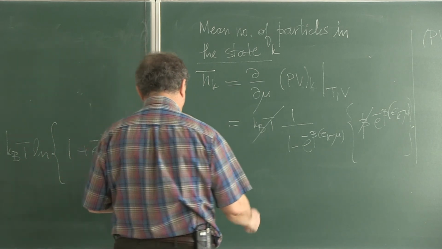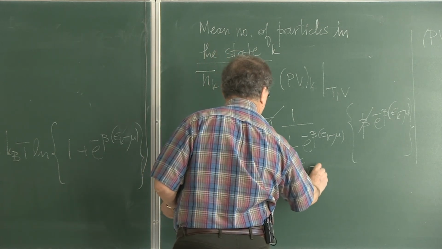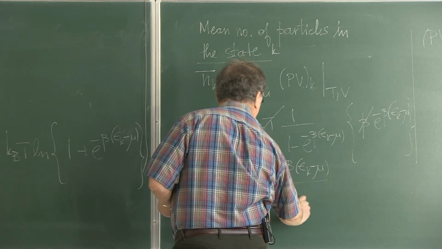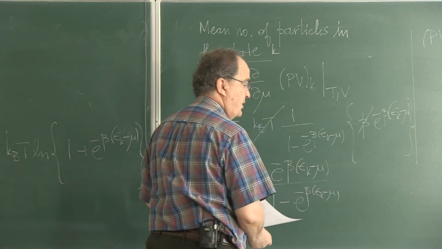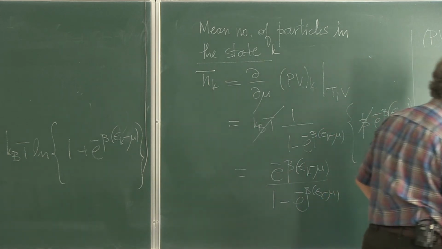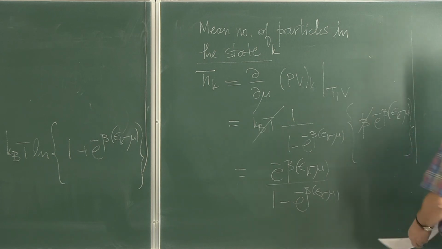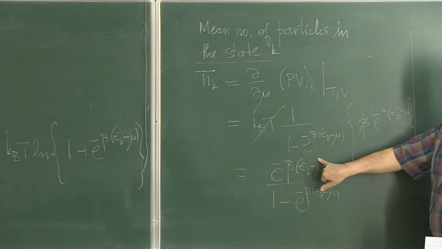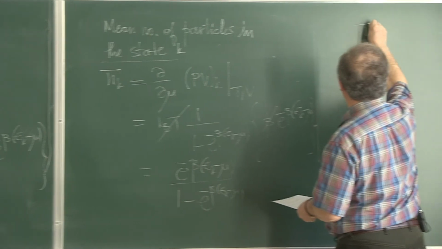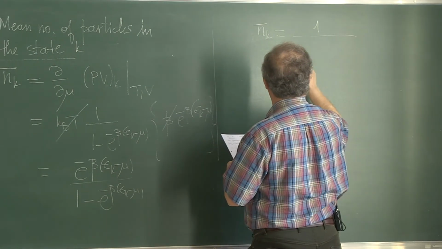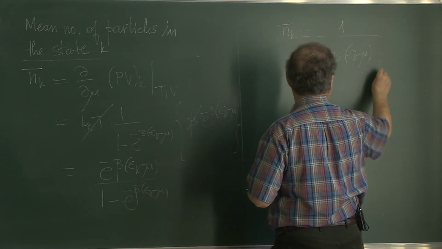So you have the following: e to the minus beta (ε_k minus mu) divided by 1 plus e to the minus beta (ε_k minus mu). If you take the exponential into the parentheses, you can cancel the numerator, and you get the following: 1 over e to the beta (ε_k minus mu), positive now, plus 1.